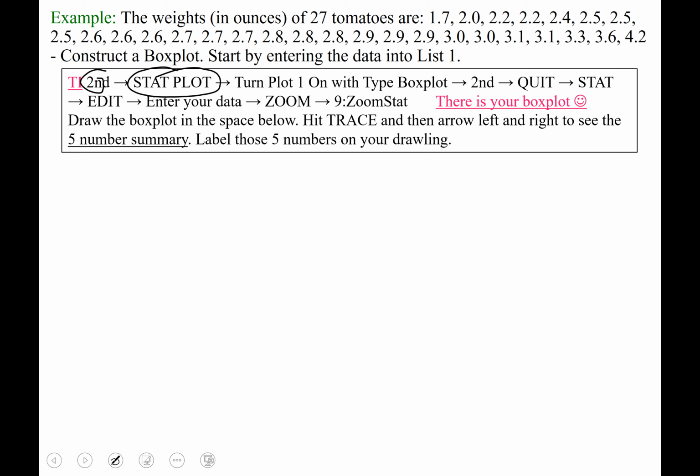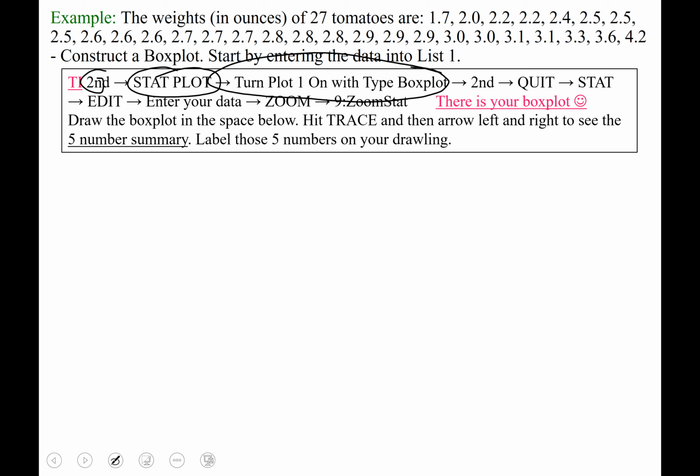So when you're on the number 1, hit enter, and you want to make it say on, and you want the type of graph highlighted to be the box plot. So when you're hovering over on, hit enter, so it'll be highlighted. Now go through the different types. The first one is a scatter plot. And go over again. Oh, there's a histogram right in the middle.